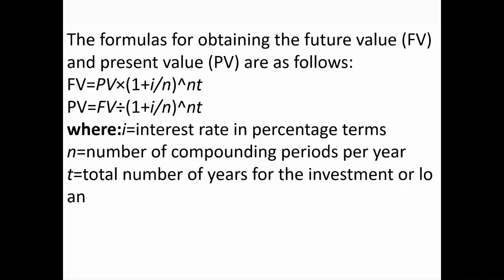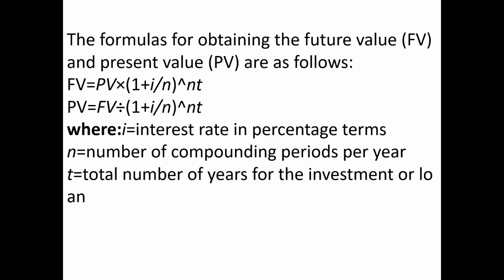Okay, so the formulas for obtaining the future value, FV. What will be the future value? Nowadays 1 liter of engine oil costs 170, and after 2 or 3 years it will become like 200 or 300. So how will it become that? Using this formula we can calculate what the price of engine oil or petrol will be after 2 or 3 years.